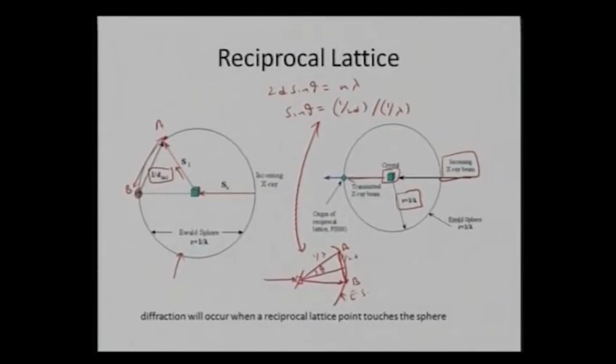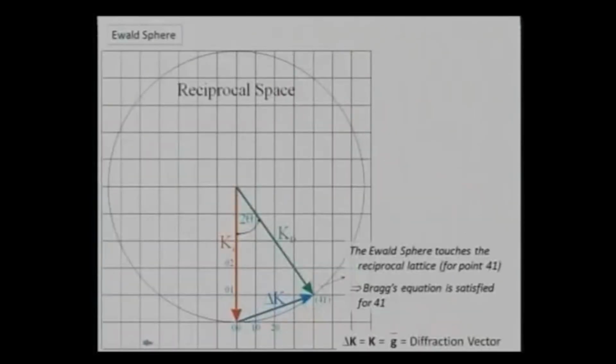So that's what I am seeing here in the Ewald sphere construction: I have my 1 by d, I have my 2 theta, and that's what is giving me the diffraction spot. And again, this is what is being stated, that diffraction will occur only when a reciprocal lattice point touches the sphere. That is what is obeyed, and then that will create a diffraction spot.